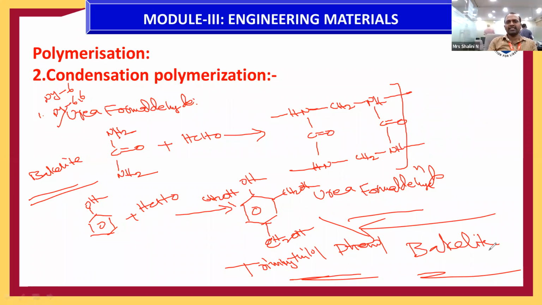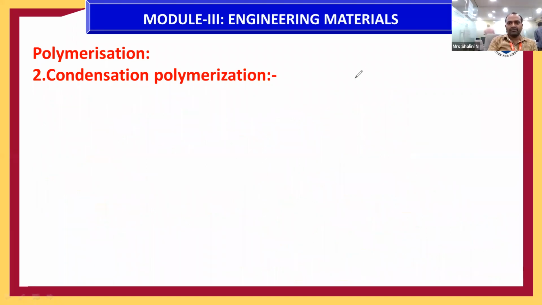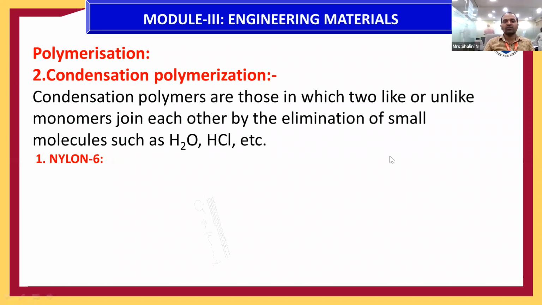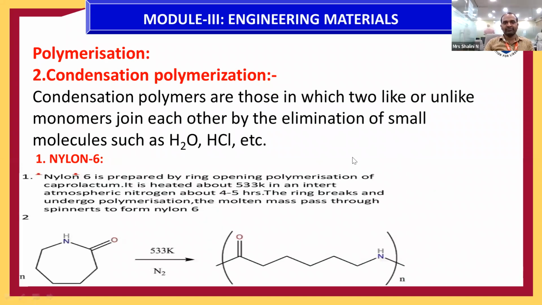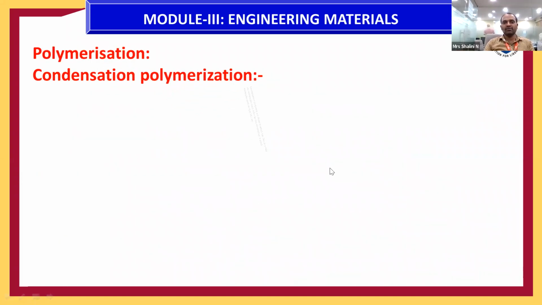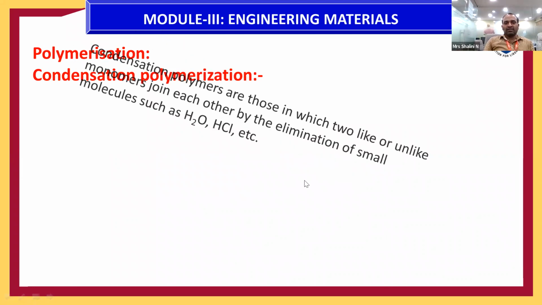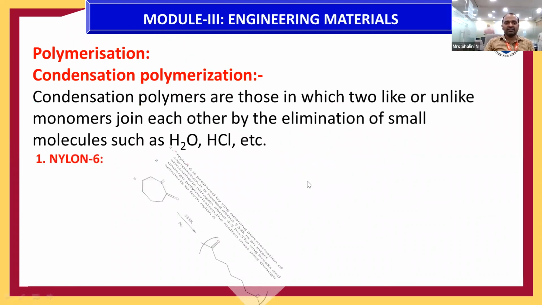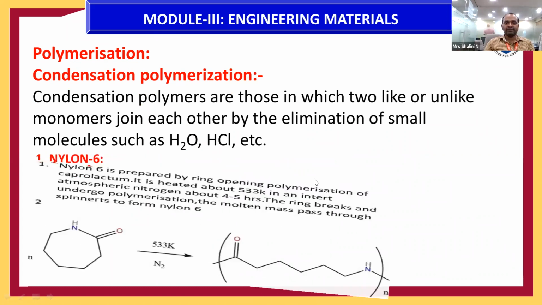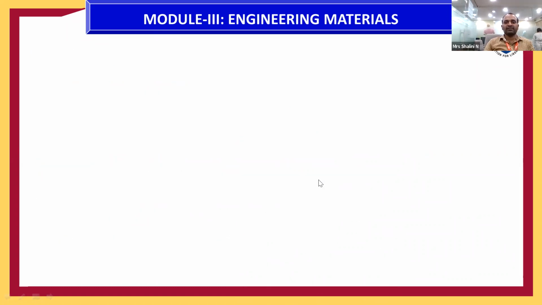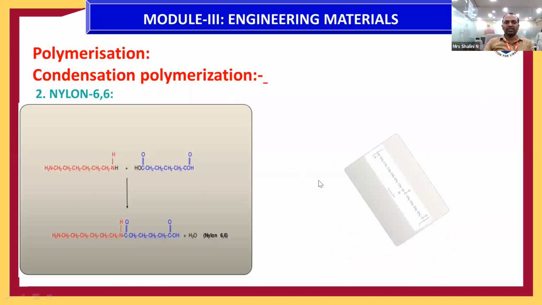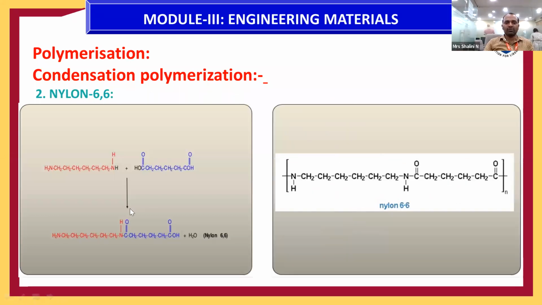So this is about condensation polymerization. Now nylon 6,6 preparation. Once you observe the preparation, hexamethylene diamine and adipic acid undergo polymerization and we get nylon 6,6.